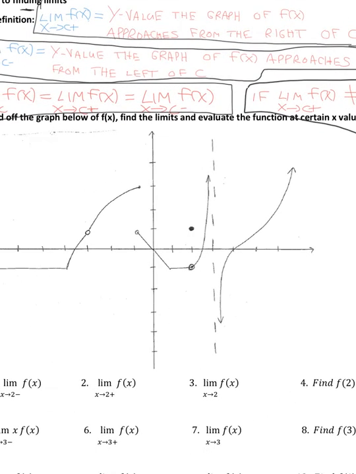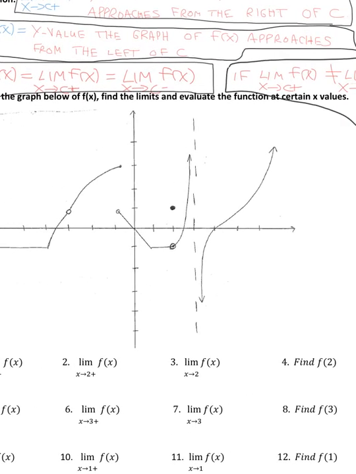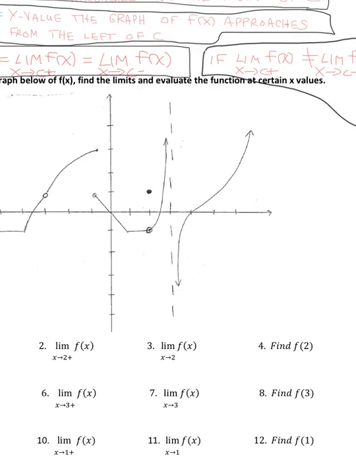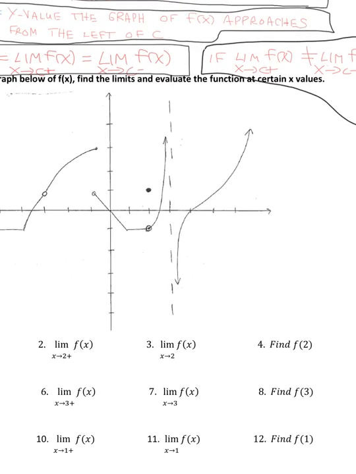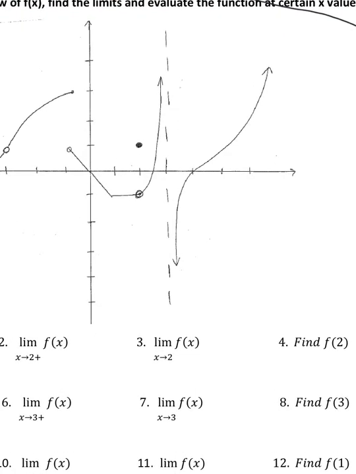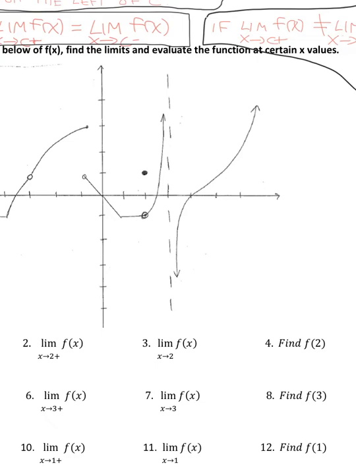So if I look at this graph, I kind of have a funky looking graph, and we have taken a look at a lot of graphs that have holes or asymptotes. If we look at this first row, what is the limit of f of x as x gets closer to 2, and it says from the left, because I have a minus.